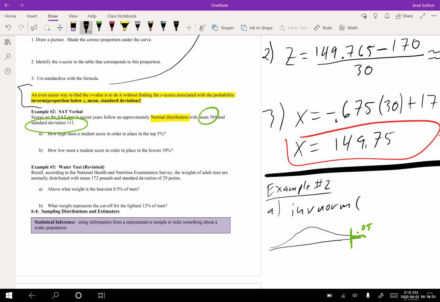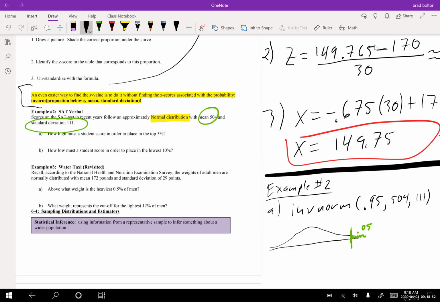So if they give you a negative, you just use the positive. Or what I like to do better is subtract my top 5% from 1, and I'll get 0.95. And then, my mean is 504, and my standard deviation is 111.